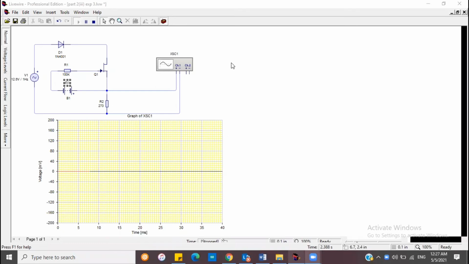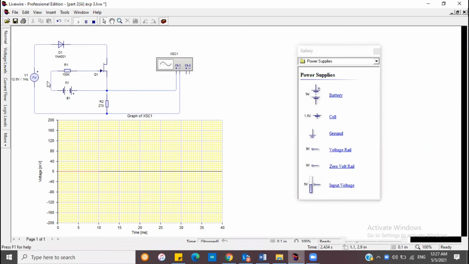So next, this is the FET curve tracer circuit with gate supply. The circuit I use is the same as before, but the signal generator voltage is different, which is 12.6, and I put the power supply here, and I also use the oscilloscope to see the output.